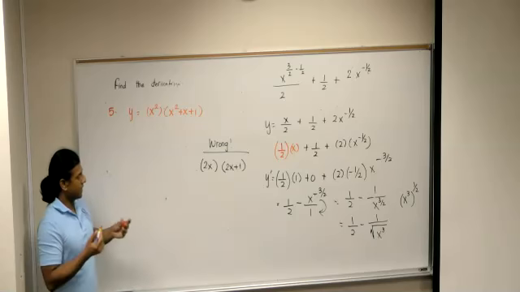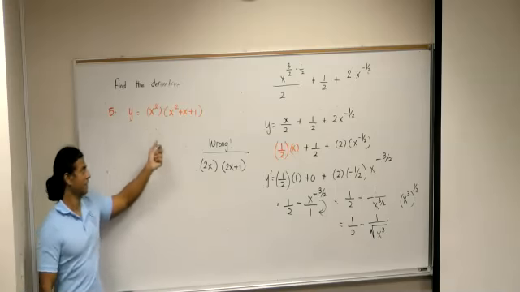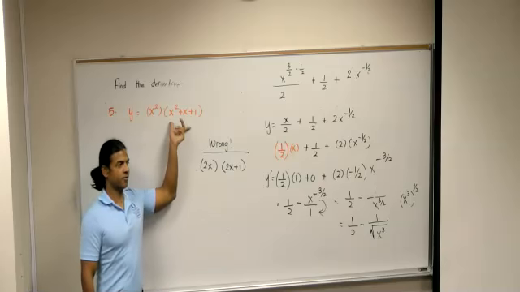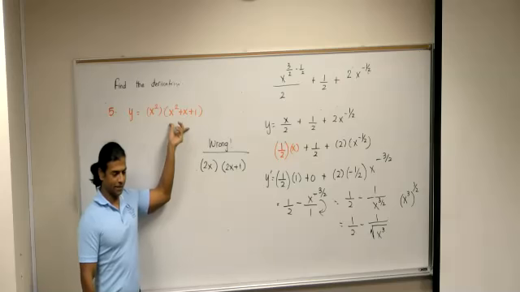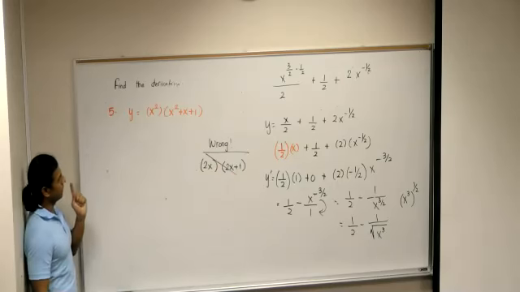Right? What I did is simply take the derivative of the first term and multiply it by the derivative of the second term. Completely wrong. What you have to do is first solve what is inside the parentheses.